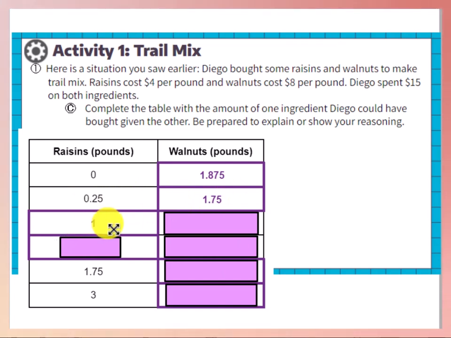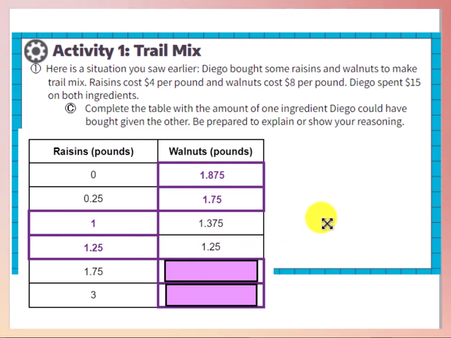So if we have 1 pound of raisins, we can find that on the graph or substitute it in for x and solve for y and get 1.375. Continue doing this, going between the graph and the equation. Use Desmos to check your work. Use algebra to solve the equation. So you can find where a combination of pounds of raisins and pounds of walnuts gives you exactly $15 spent.